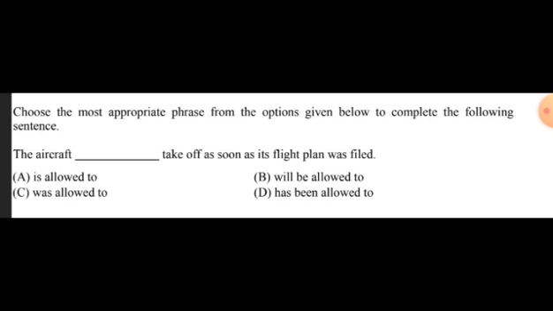If you read this question, you yourself feel that the given sentence is in the past. Therefore, the answer should be in past tense. Here only one option is in past tense, option C. Therefore, the answer for this question is was allowed to.